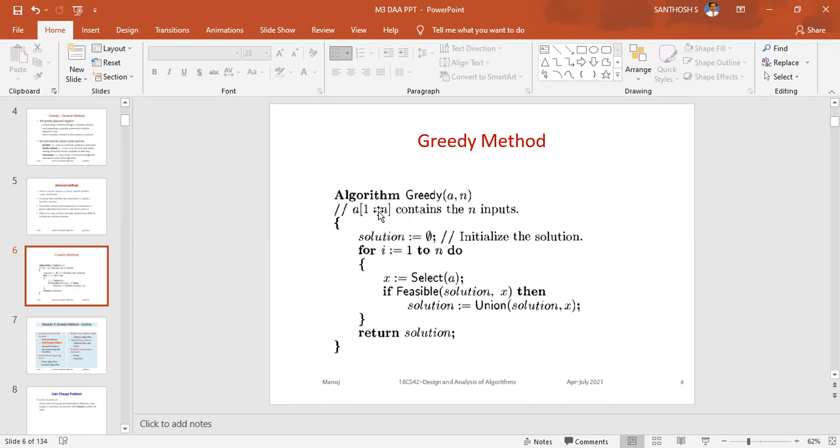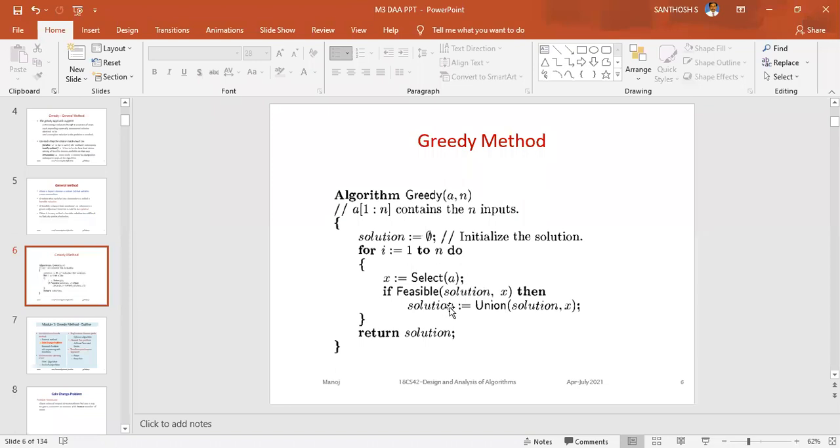So how many subsets will you get? The subset is nothing but x. So if n is equal to 3, you will have x1, x2, x3 up to x8. Now you start taking each and every x. X1, comma, solution if feasible. Initially the solution will be null.